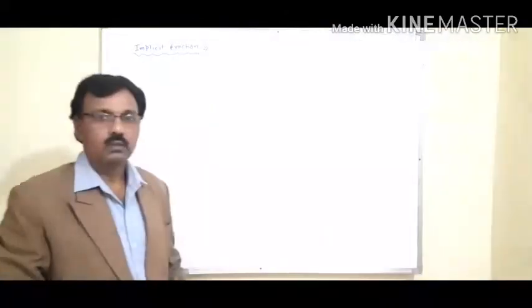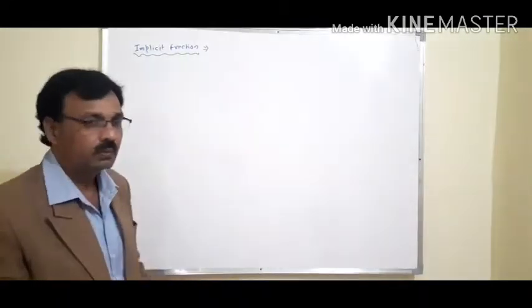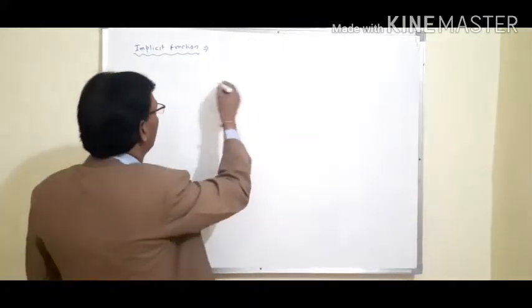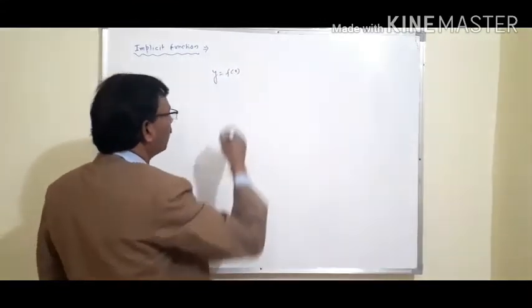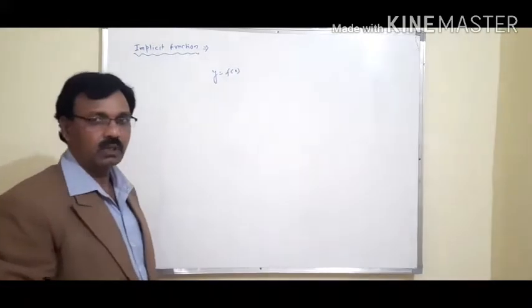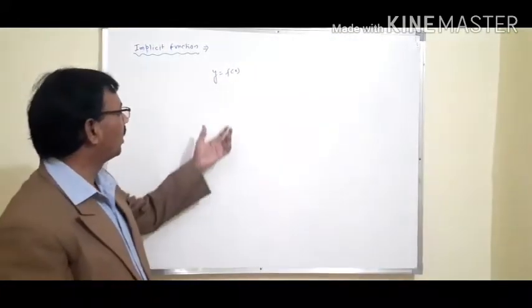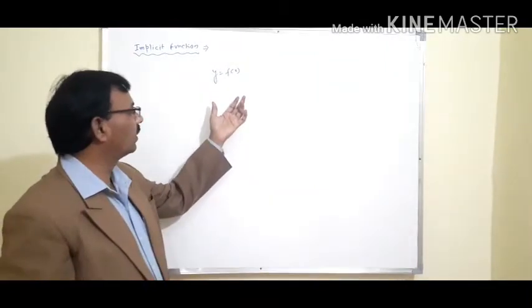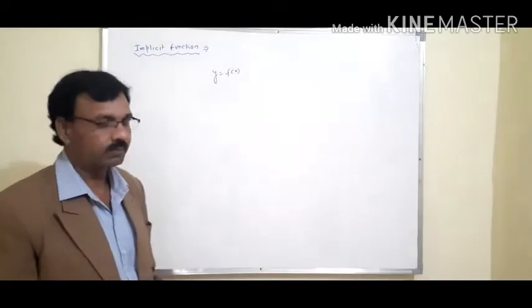Till now we have learned the differentiation of functions y equal to f of x, but it is not necessary that every function is always expressed in this form y equal to f of x.